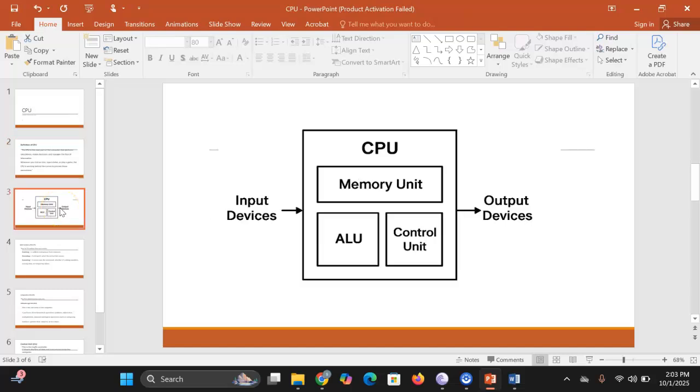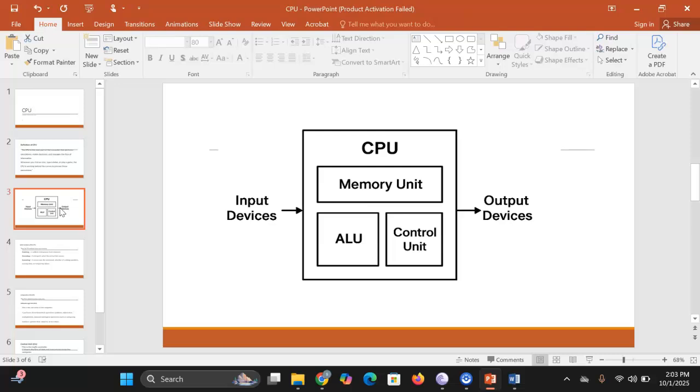Now, this is the diagram of the CPU, whereby we have input devices, the CPU, and then the output devices. The input devices usually are the ones that send information or data or instructions into the CPU, and the CPU works on that data and instructions and sends it outside to the output devices.